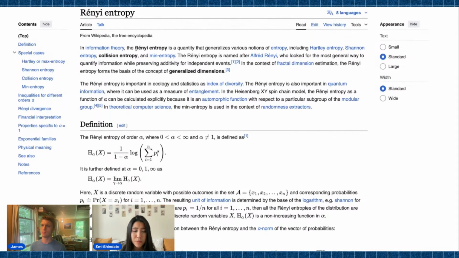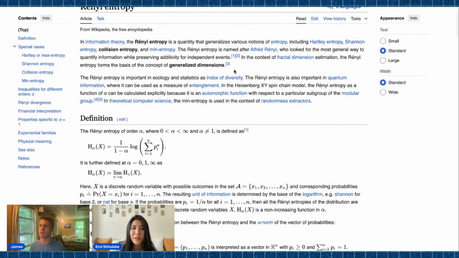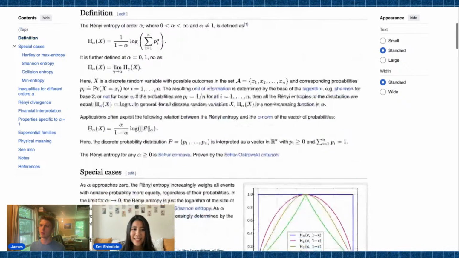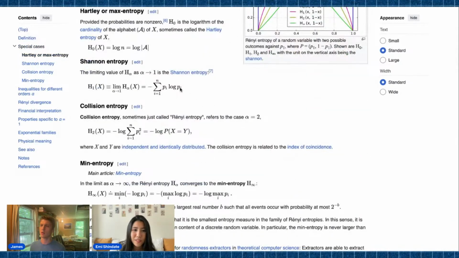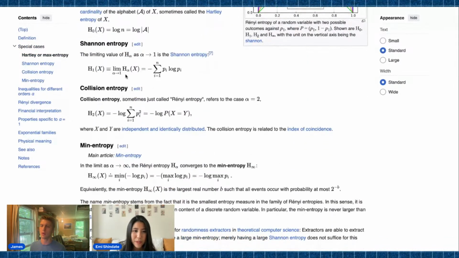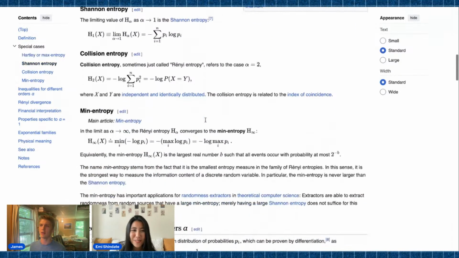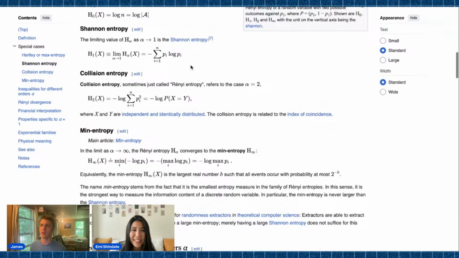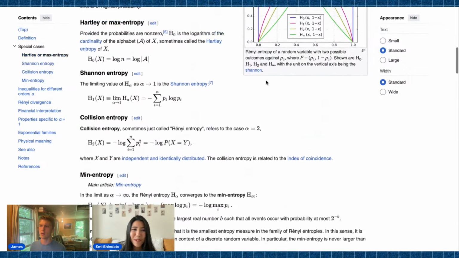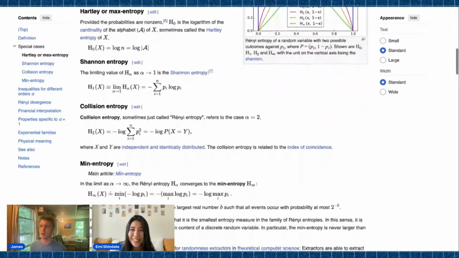This actually, from what I see, is something that generalizes different types of entropy. I think I'm familiar with Shannon entropy for information theory, which is this equation at the bottom with the log. When you evaluate the limit of H alpha, when alpha is 1, that's probably getting into too much detail, but essentially, bottom line in any system is entropy always increases.